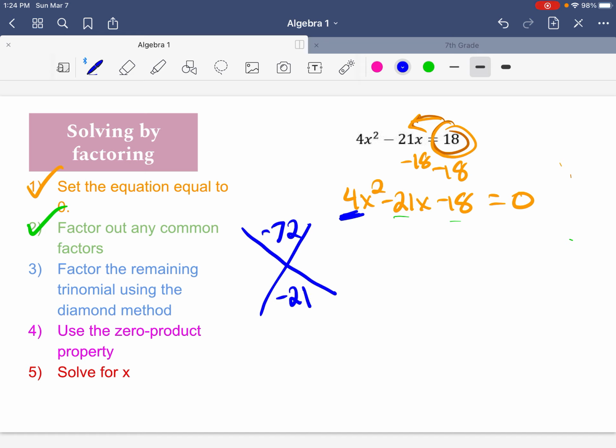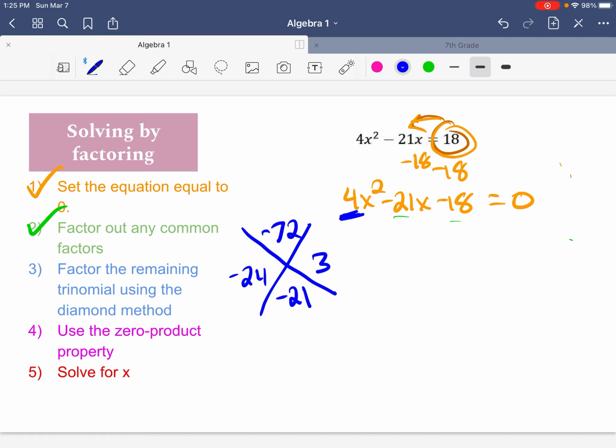So two numbers that multiply to give me negative 72, but add up to negative 21. I'm kind of thinking, it's not 9 and 8. Let's see, 72. I believe it is negative 24 and 3. Yeah, that's it. Okay, good.